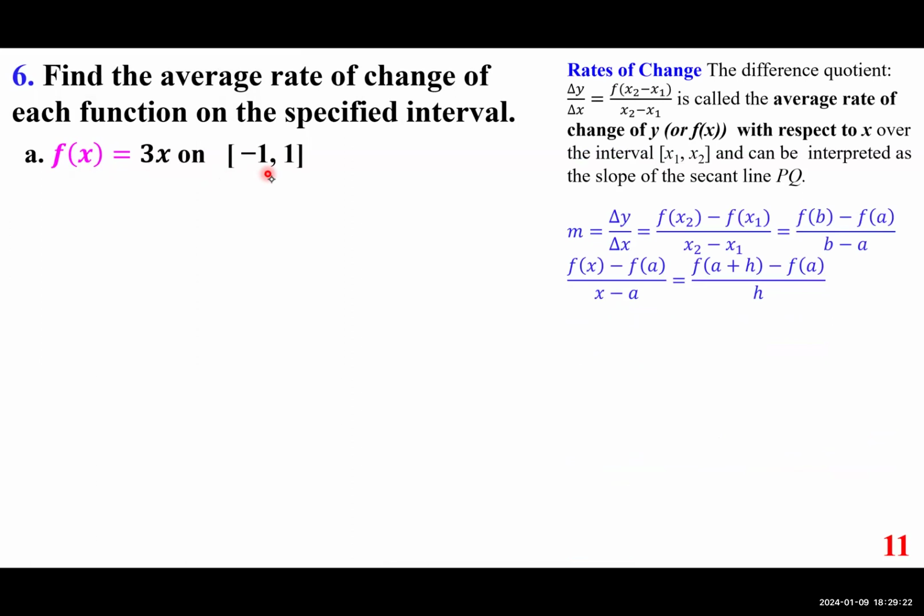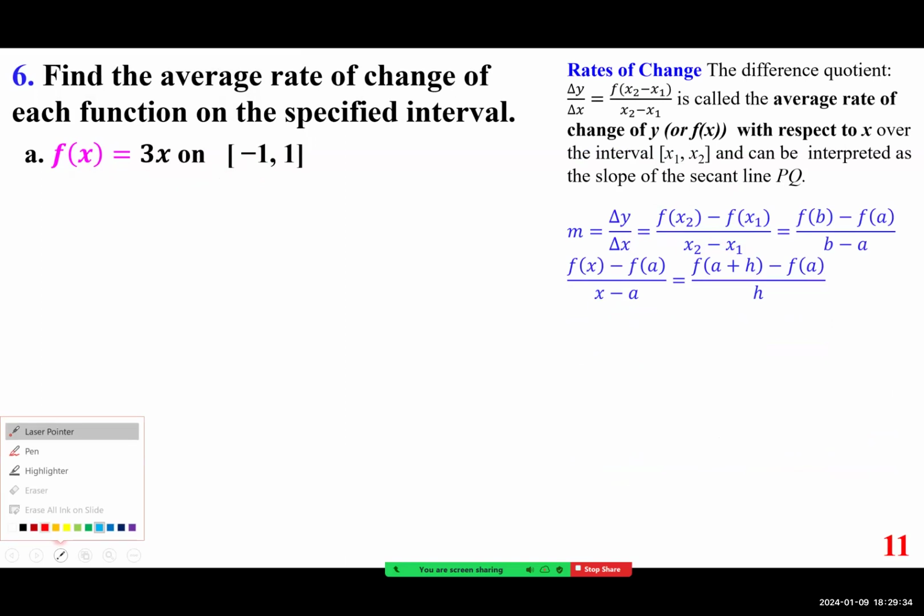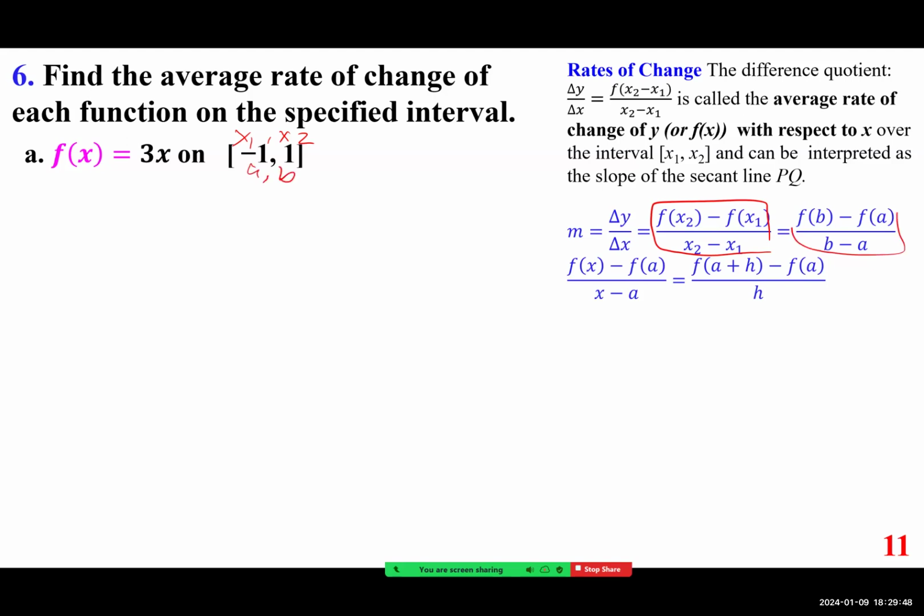So basically, f of x sub 2 minus f of x sub 1 over x sub 2 minus x sub 1. This is like x sub 1, and this is like x sub 2. You can use this formula, or you can say this is a, this is b, and use that formula. It doesn't matter. The bottom line is f of 1 minus f of negative 1 over 1 minus negative 1.